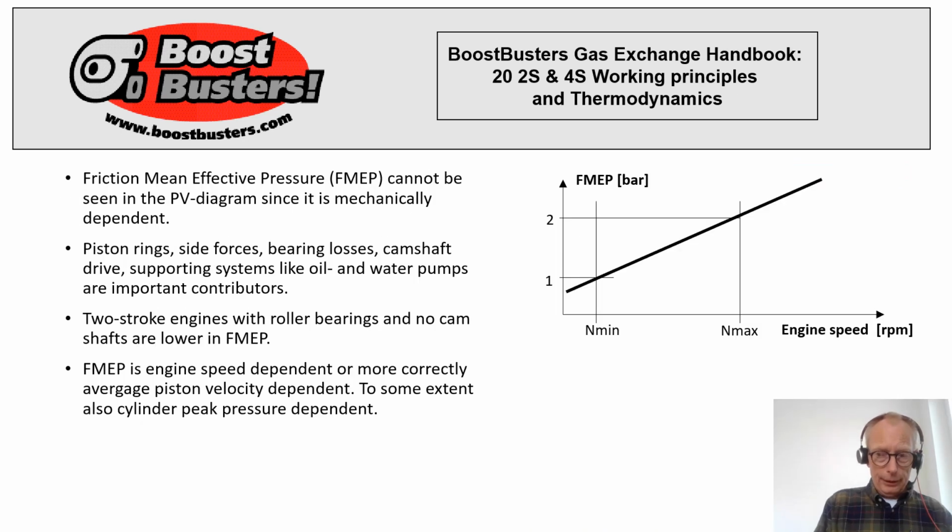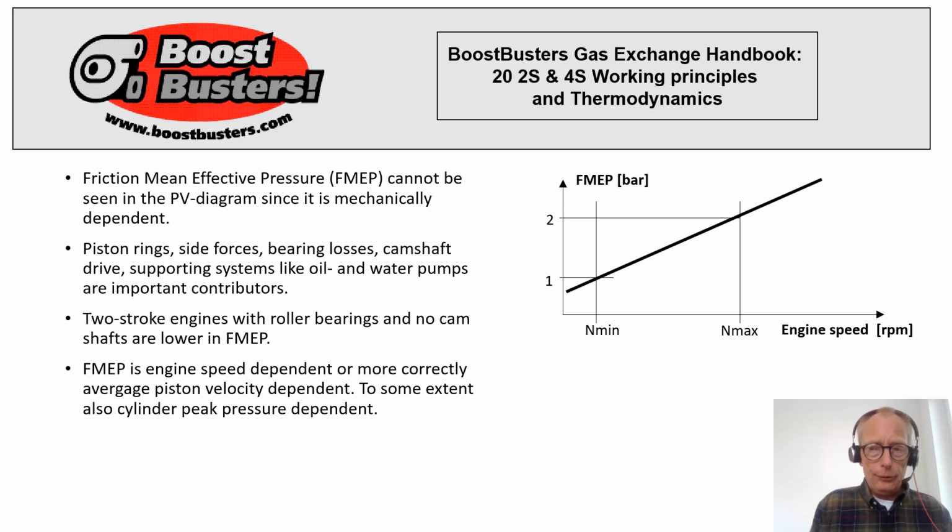The last mean effective pressure is the friction mean effective pressure. This cannot be visualized in the PV diagram because it's not related to the thermodynamics. It's related to the mechanical parts in the engine, creating friction. Friction comes from piston rings, from bearing losses, oil pump, water pump losses, and also the side forces created by the piston.